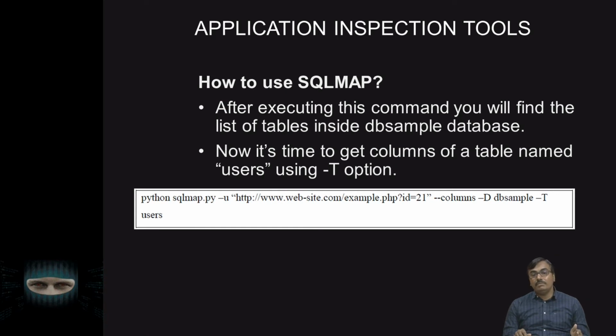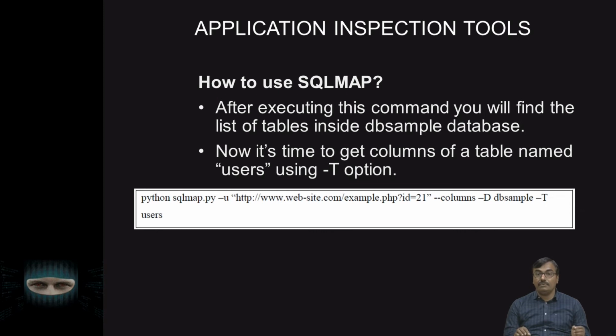Now it's time to get columns, because we have a list of tables. After that you are interested in the columns available inside the users table. Users is one table inside the DB sample database. So it can be fetched using the -T option. Here you can see on the screen python sqlmap.py -u, that is your URL.